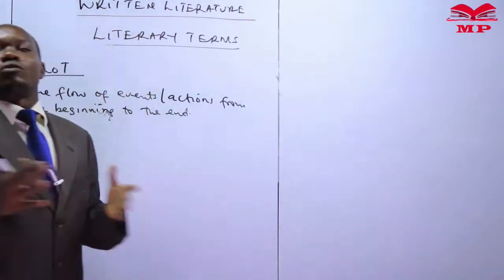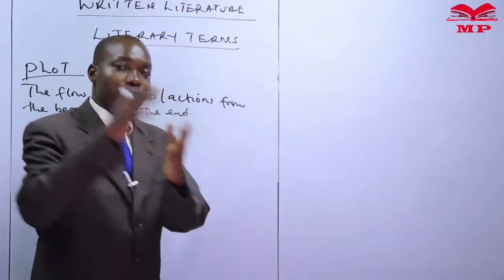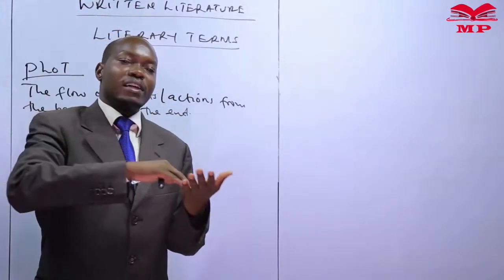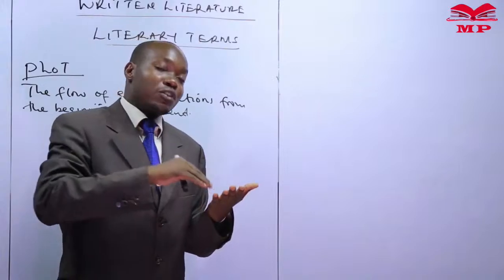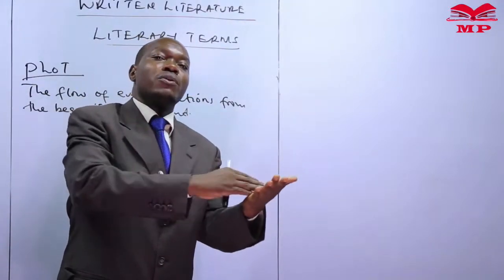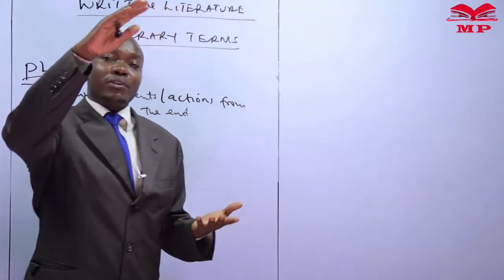We call that the plot of life. We know one day, from the time you are born to the time you die, those are the stages in life. We call that plot. You can actually even draw a graph. You can draw a graph and say from the time you're born all the way to the time you are very productive in life.